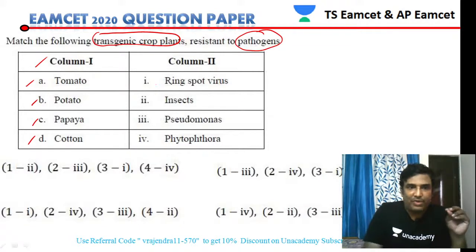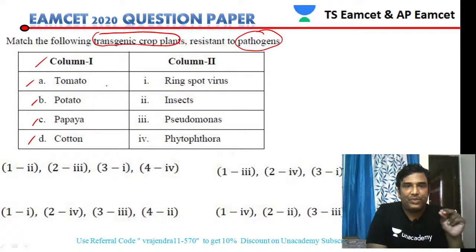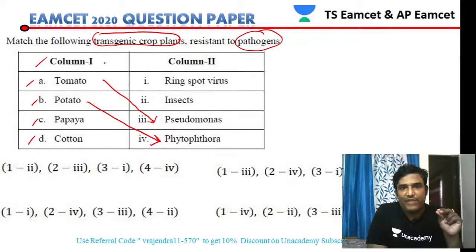Transgenic tomato is resistant to Pseudomonas bacteria. Transgenic potato is resistant to Phytophthora infestans. Transgenic papaya is resistant to ring spot virus.